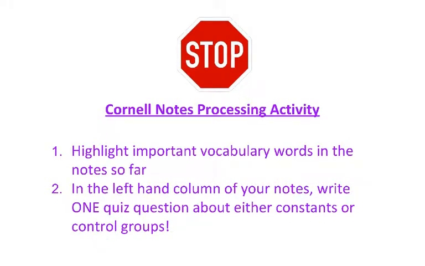So write me a quiz question that I could put on one of my tests about constants or control groups. Go ahead and put that in the left-hand column of your notes. Okay, go ahead and pause this, and then you're going to come back for the last little bit of the video.